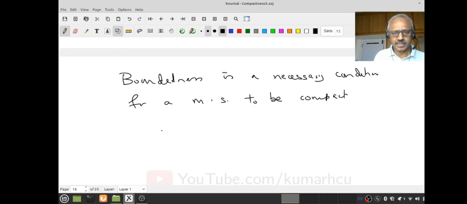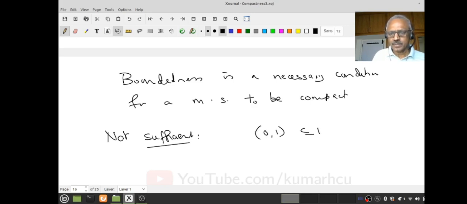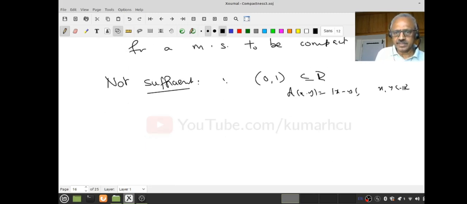Why? Let us look at examples. There are a lot of examples. I will give two examples and stop the lecture. The first example is, let us look at the open interval (0,1) with the induced metric. The metric is the usual metric. Now this is a bounded set, right? My X is this.